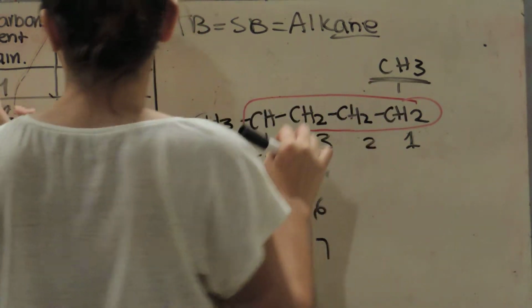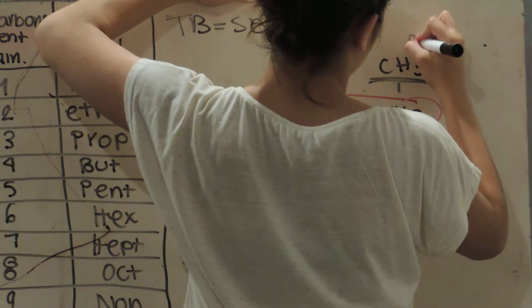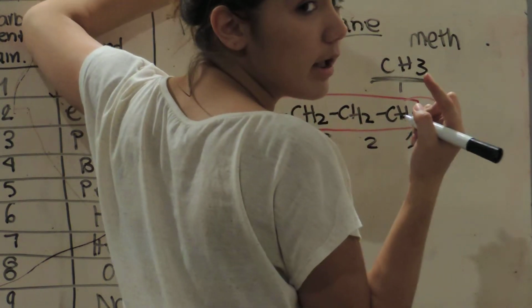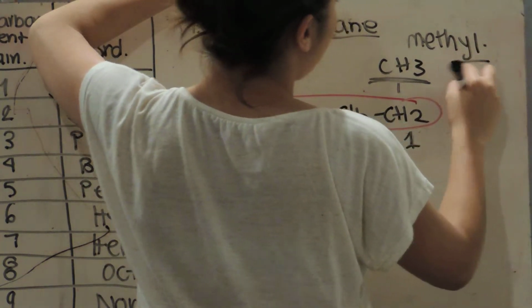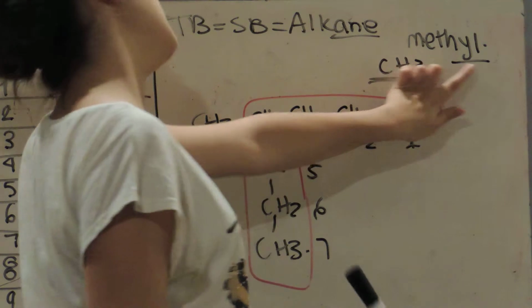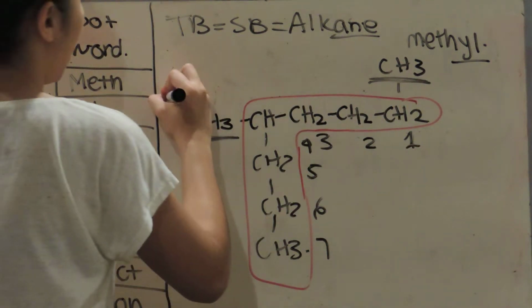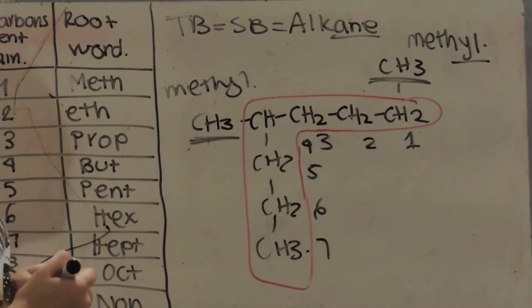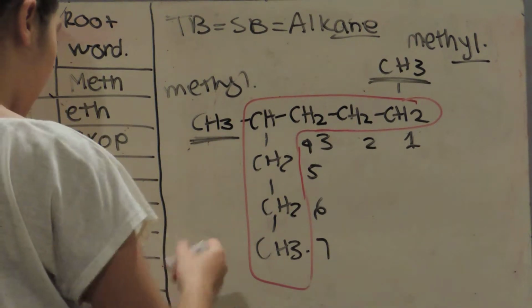So, as we said, it's 1, we put meth, and to identify that it's an alkyl group, we put -yl. Meth means 1, -yl shows us that it's an alkyl group. And the same in this other alkyl group, methyl. Okay, once we know it, we can have our result.